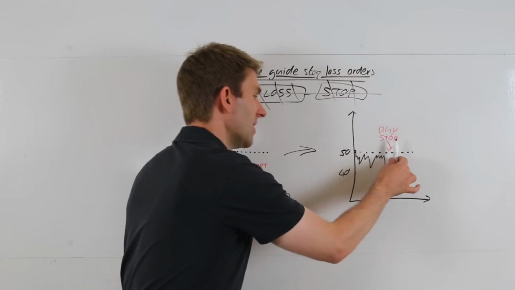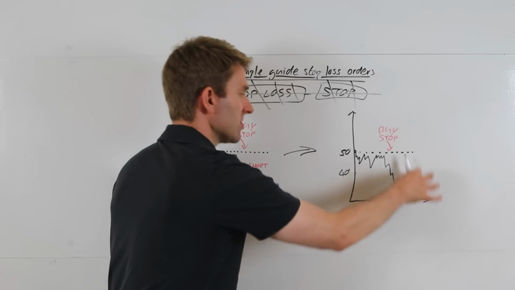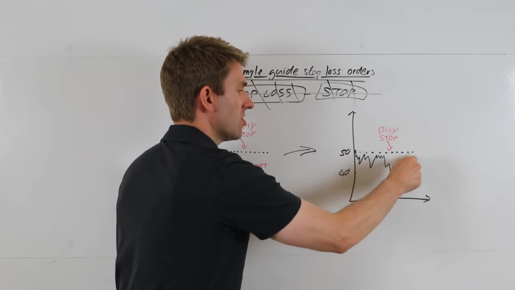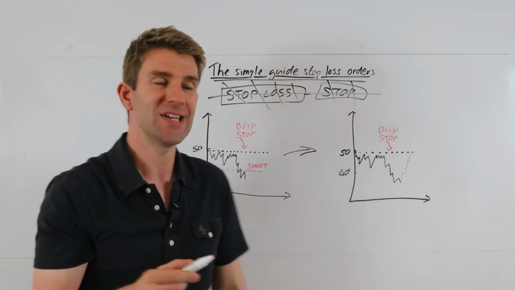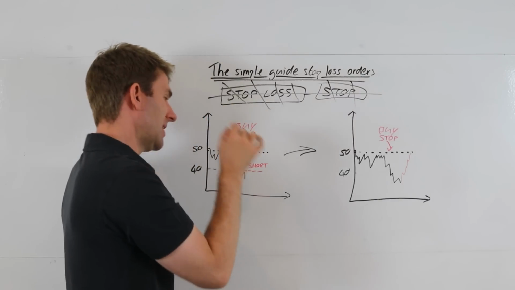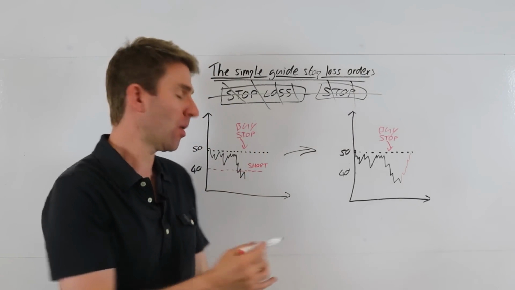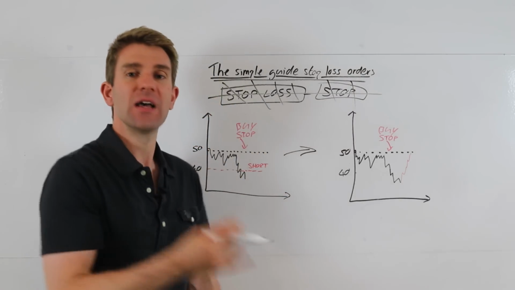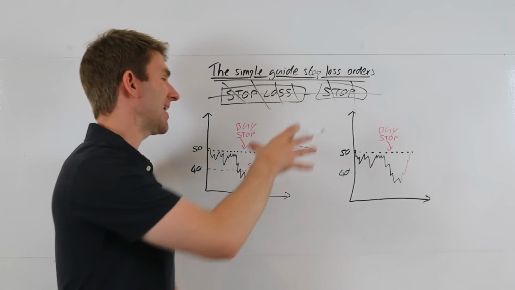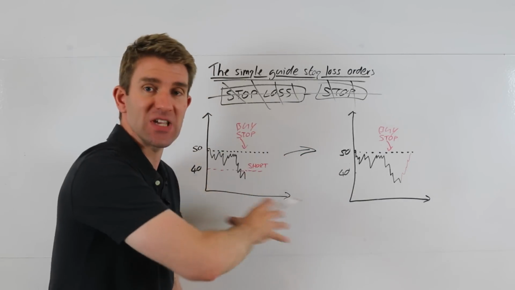So if we've got a buy stop at 50 and the price comes up to 50, the buy stop will be executed. In this example, we've already got a short position, so that makes us net neutral. That's the traditional stop of taking us out of the trade.